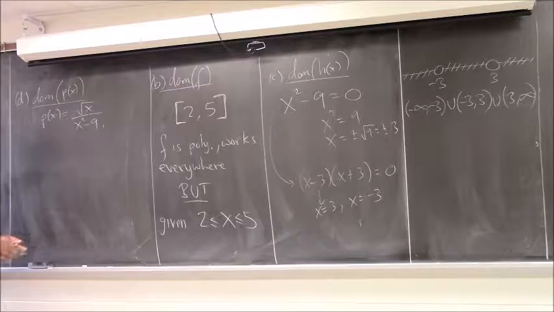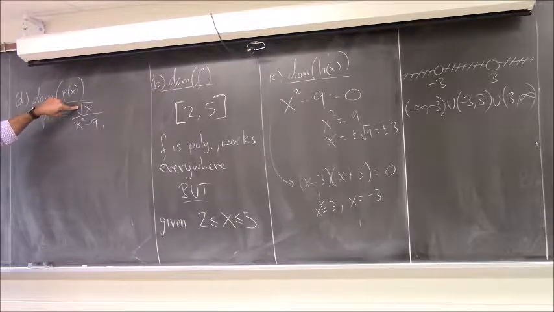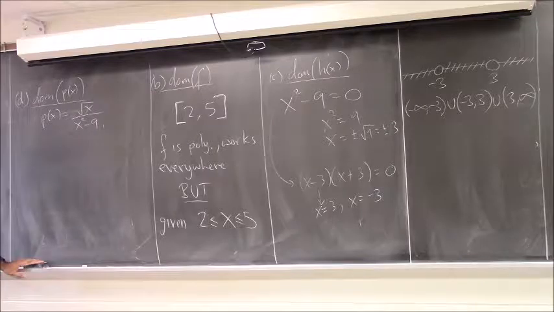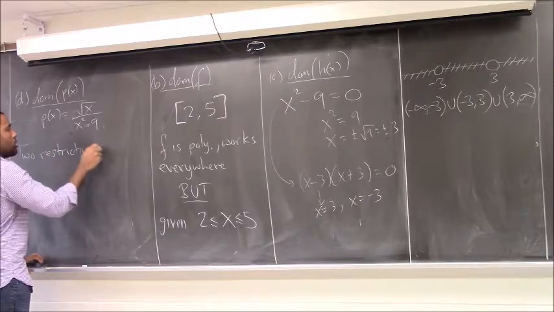Notice here, it's almost a rational function, but not quite, because there's a radical in the numerator. So we have to worry about that. It's an even radical, so that has its own restriction. Really what you should see when you look at this is there are 2 restrictions that the function imposes on itself.